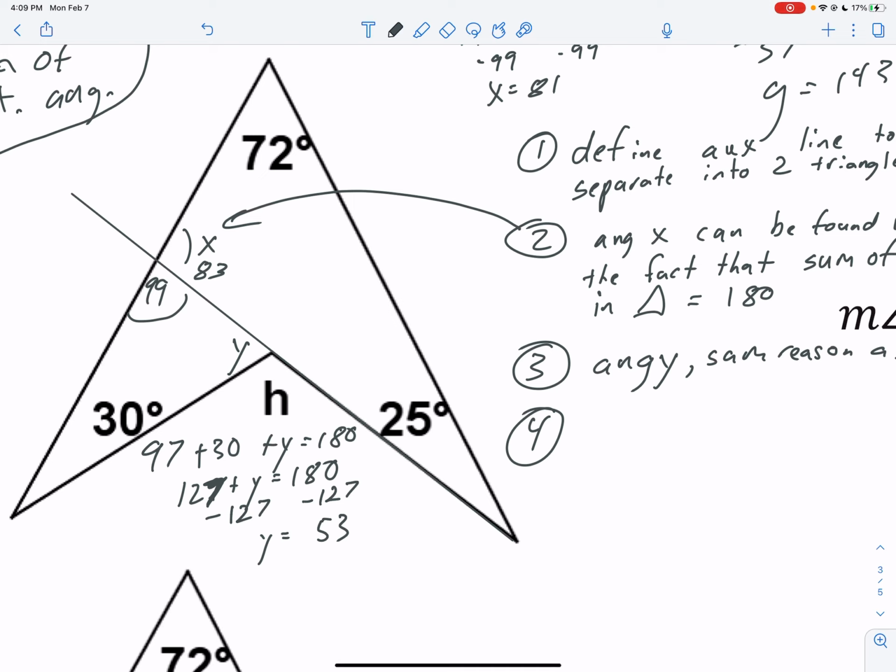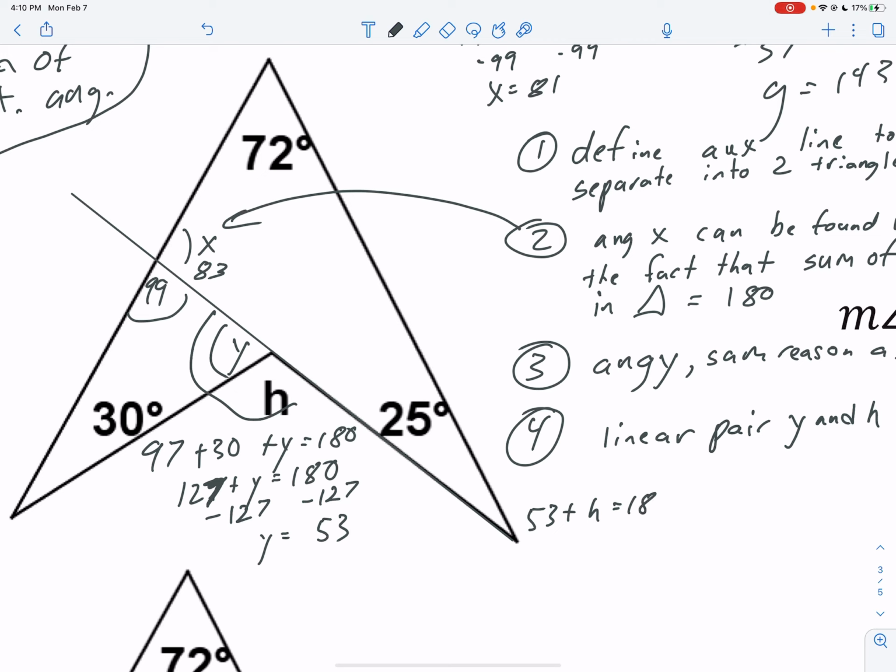So much better. And then anyway, so we get y is equal to 53, and then linear pair with that. Linear pair y and h. And we're going to say 53 plus h equals 180. So h is equal to 127.